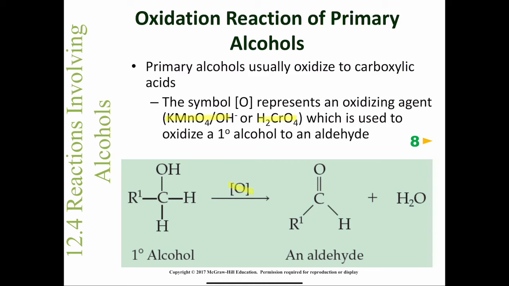The symbol O over the reaction arrow is used throughout this course to designate any general oxidizing agent. In order for oxidation of an alcohol to occur, the carbonyl carbon has to have at least one hydrogen attached to it. Now, a primary alcohol has 2 hydrogens attached to the carbonyl carbon, so it can be oxidized. And when a primary alcohol is oxidized, it forms an aldehyde as seen in the general equation, highlighted in green.